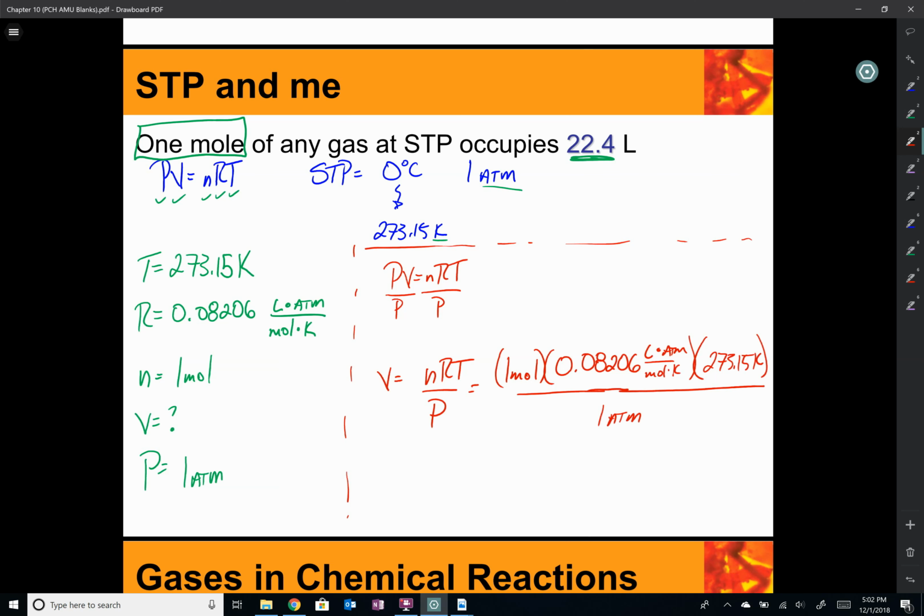If you plug this into your calculator, you'll get volume equal to 22.4 liters. So if you're on an exam and you forget this 22.4, just remember what standard temperature and pressure is, 0 for temperature and 1 atmosphere for pressure, and then you can calculate the 22.4 out of it. That's the end of part 1. We'll come back and continue in part 2.